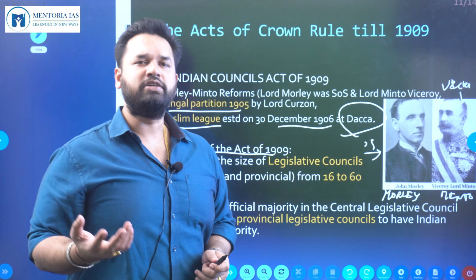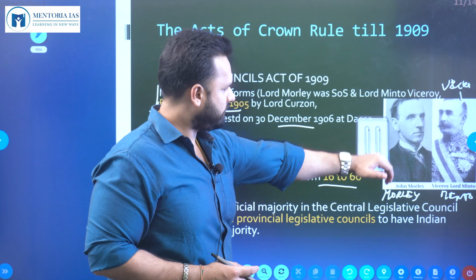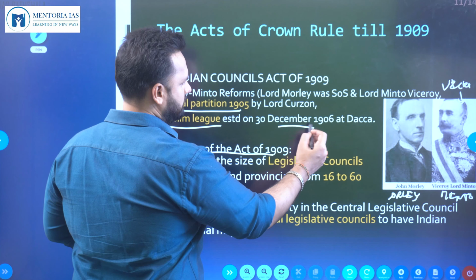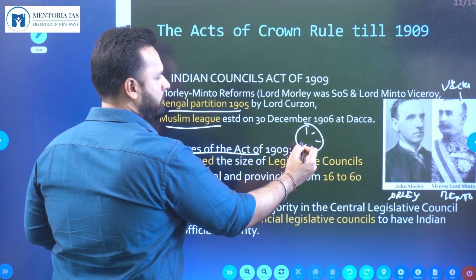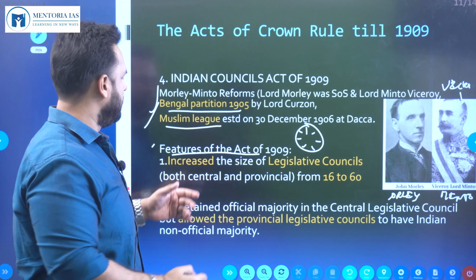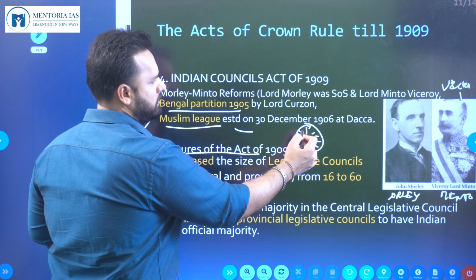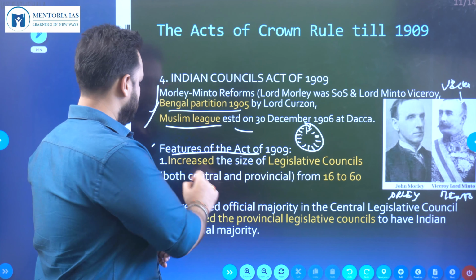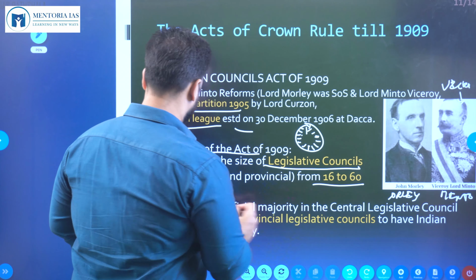It increased the size of legislature from 16 to 60. Let us say this is your council. Only 16 people used to participate earlier, but through this act it said you can increase to 60. The legislative council's members were increased from 16 to 60.